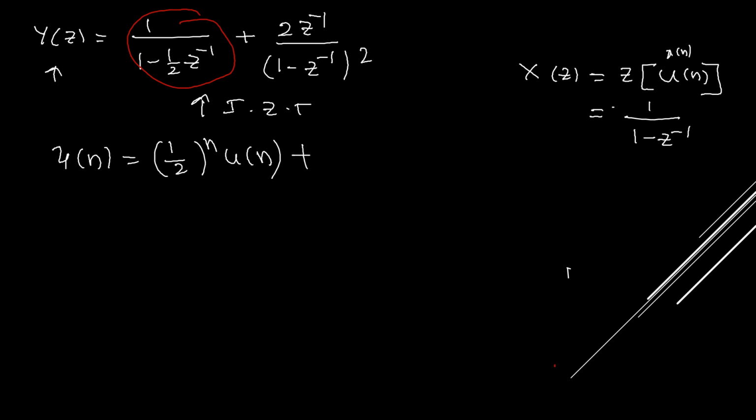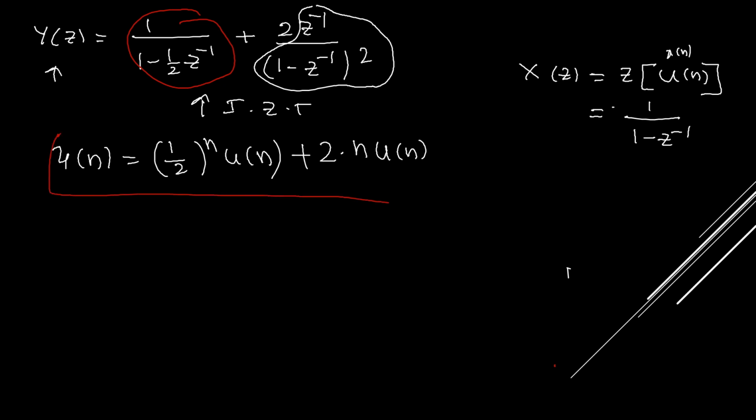In the next term, the inverse z transform of z power minus 1 by (1 minus z power minus 1) whole square, from the standard formulas, you can write 2 into n into u(n), right? So this is our step response.